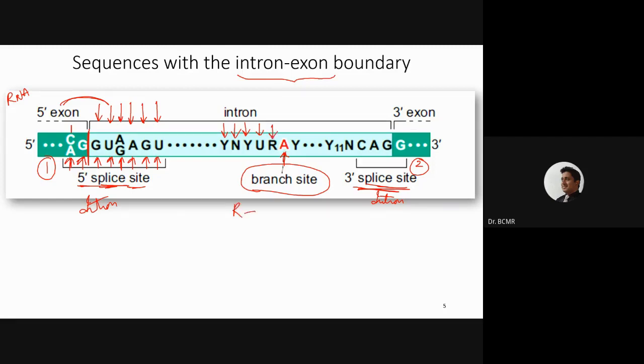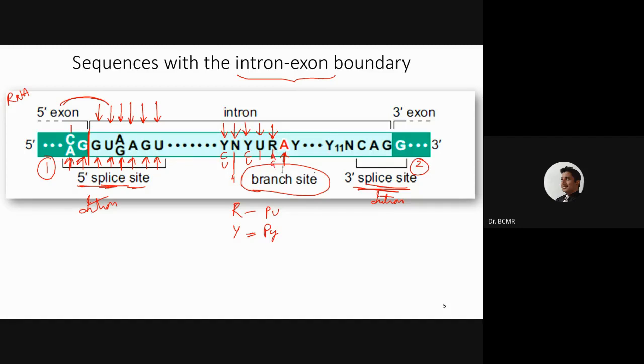I will get back to you in case I am wrong; otherwise, you can consider it right. R is for purines, and Y is for pyrimidines, right? What could this be then, purine or pyrimidine? You will say it as C or U. N is for any of the nucleotides. It could be any of the 4 bases, then uracil, and here it could be A or G.